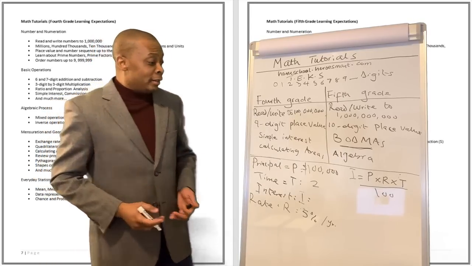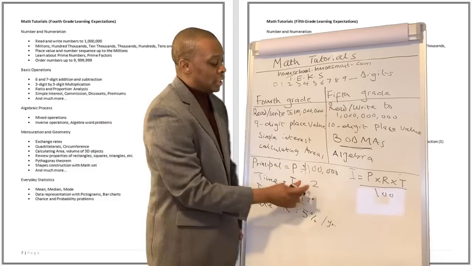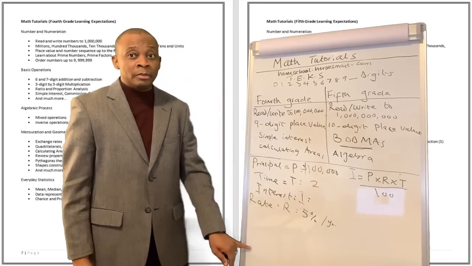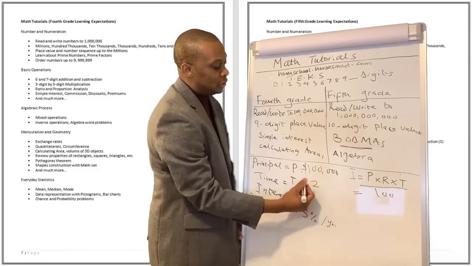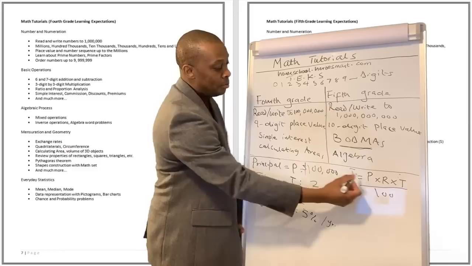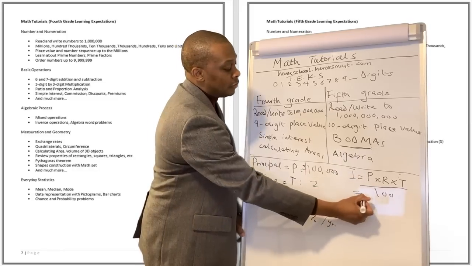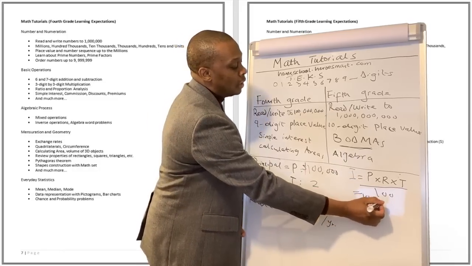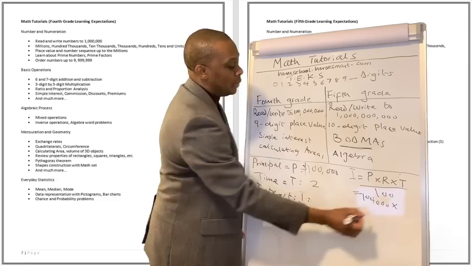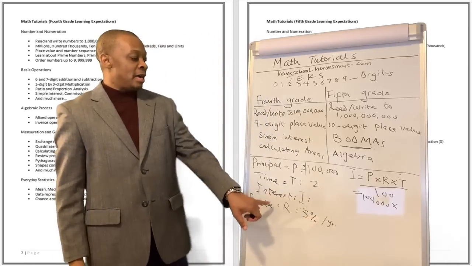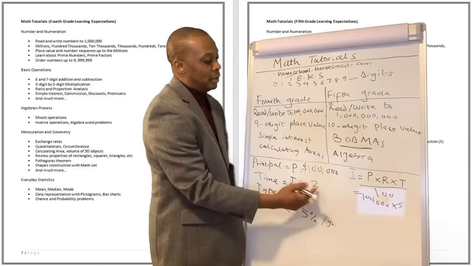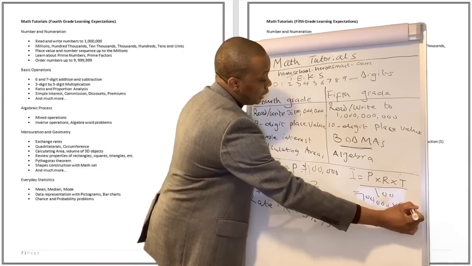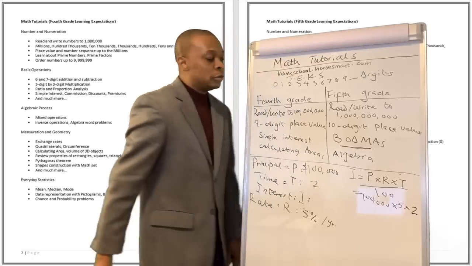All right, so we're going to use this formula to calculate the simple interest from this exercise. What is the simple interest? Well, I know that my principal is $100,000, multiplied by my rate, which is 5, and then multiplied by the time, which is in years, 2 years.